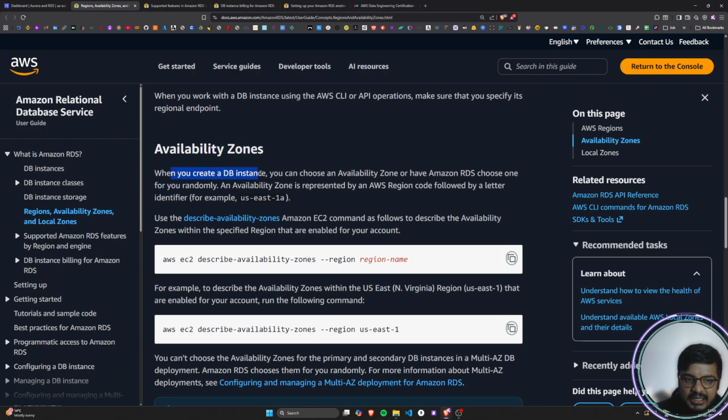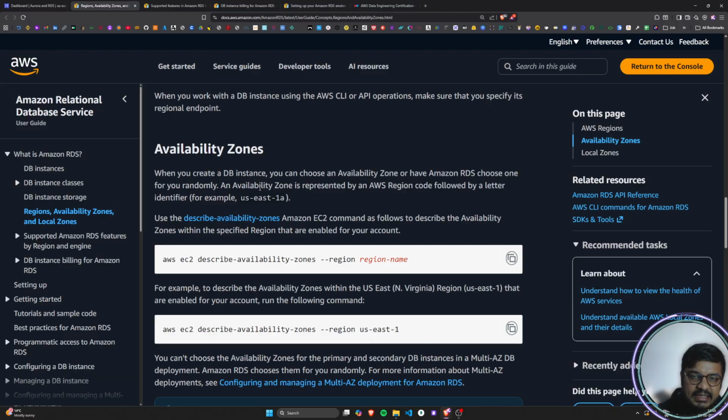When you create a DB instance, you can choose an availability zone or have Amazon RDS choose one for you randomly. So either we can specifically mention that this is the availability zone that I require, and launch my instance in this particular availability zone itself, or we can keep it blank.